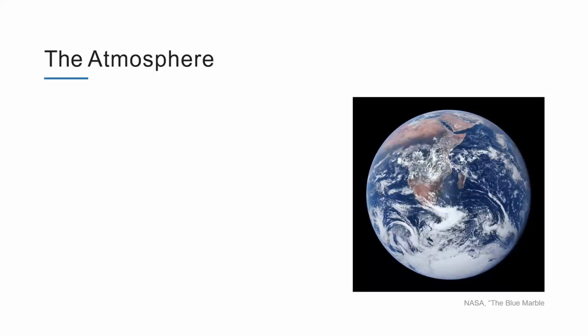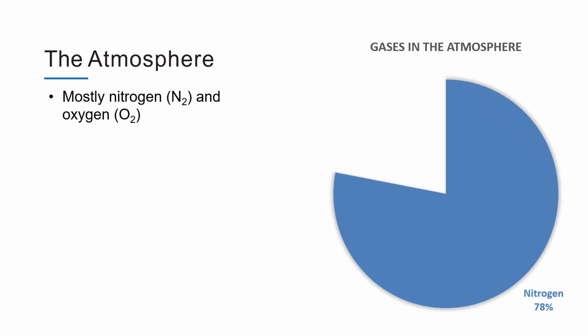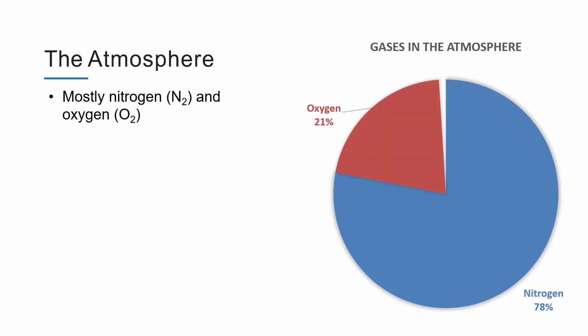In our video about the Earth's spheres, I mentioned how the atmosphere is the air that surrounds the Earth, and that it contains the mixture of gases that support life. This mixture of gases mostly includes nitrogen at 78% and oxygen at 21%.